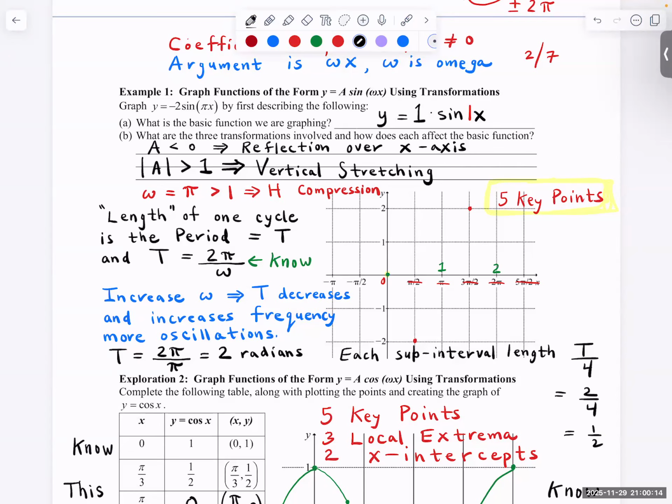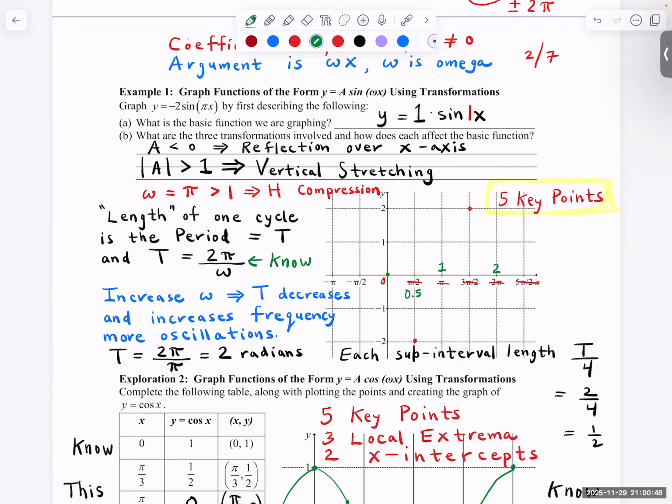So the 5 key points, the local max, local min, which are also called the local extrema, and the x-intercepts will occur at 1/2 radian. That's marked as 0.5. At 1 radian, 1.5, and 2 radians are the angles in radians where the 5 key points will occur.